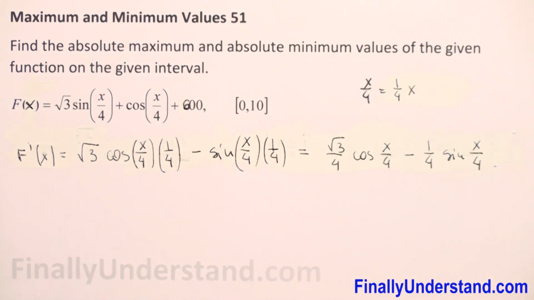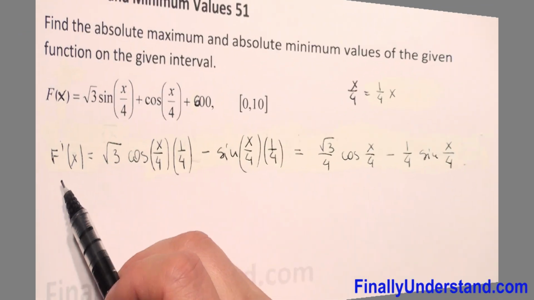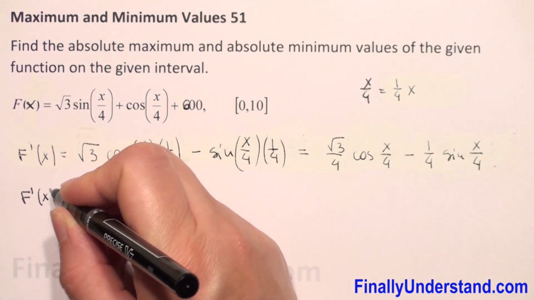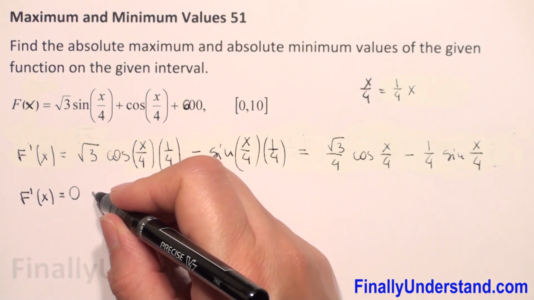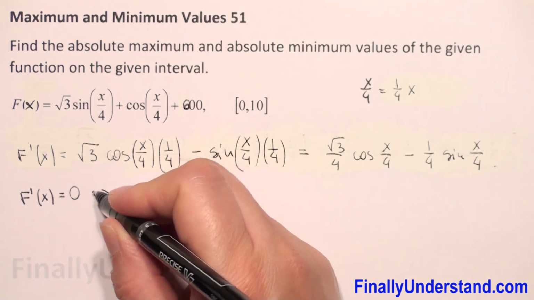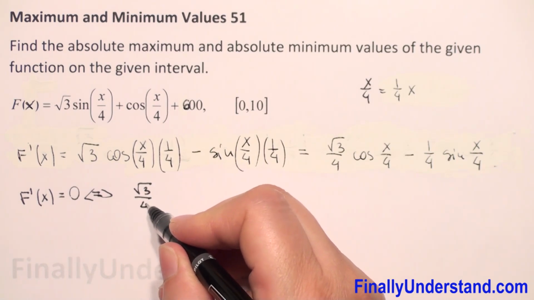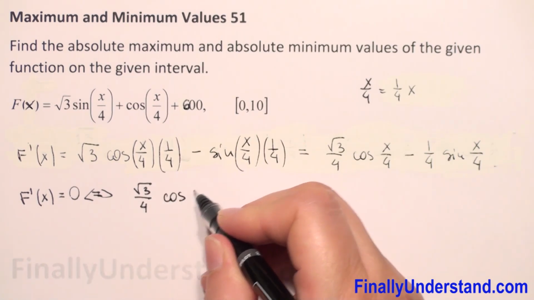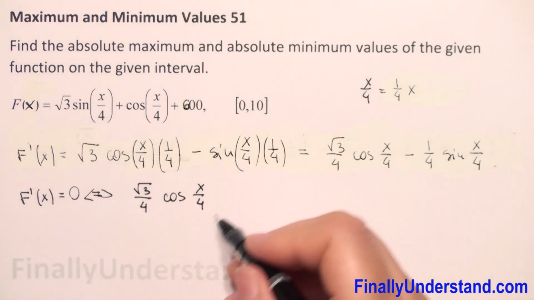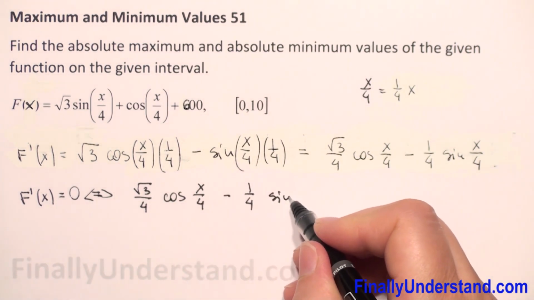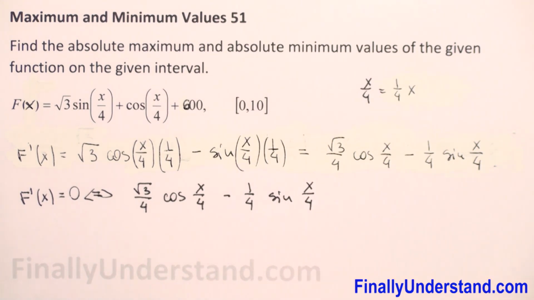So now to find critical points, we have to set the first derivative equal to 0. This is equal to 0 if and only if square root of 3 over 4 cosine x over 4 minus 1 over 4 sine x over 4 equals 0.